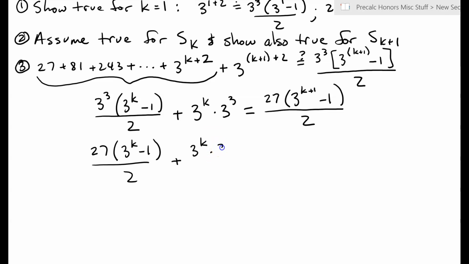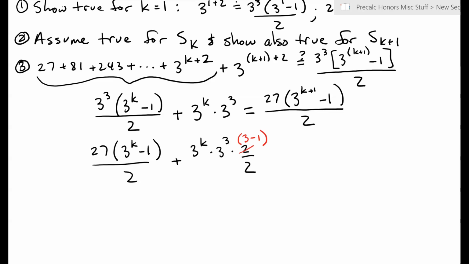So 3 to the k times 3 to the third, and then times 2 over 2, because we need a common denominator. Now, I'm going to do something a little bit strange here. I'm going to change this 2 to 3 minus 1, and you'll see why I did that in just a second.